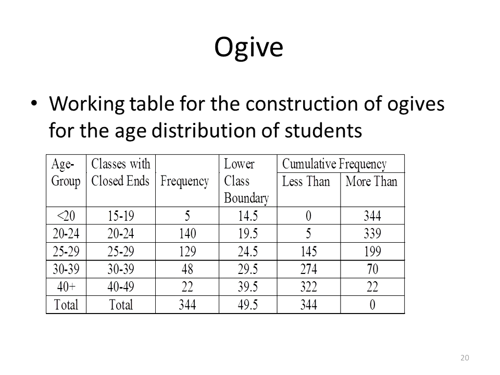Now the more than, we always start off with the total frequency and we subtract. So that means 344 minus 5 gives us 339. Minus 140 gives us 199. 199 minus 129 gives us 70. 70 minus 48 gives us 22. 22 minus 22 gives us 0. So for the more than, you'll always end up with 0.